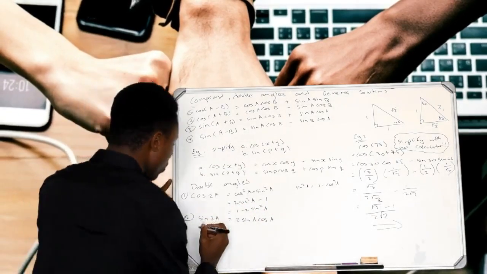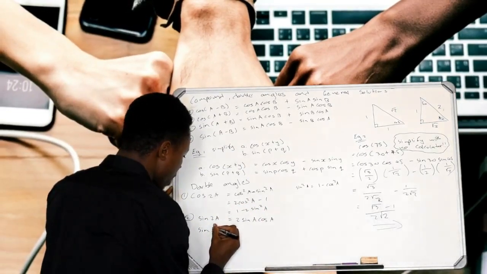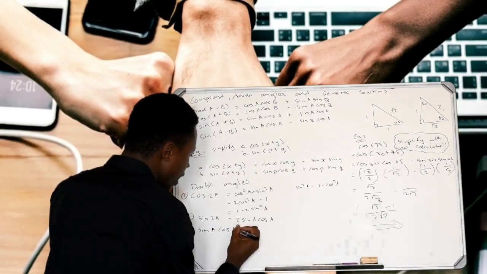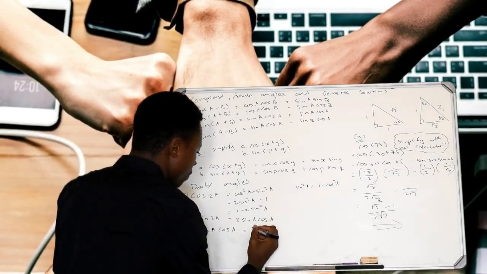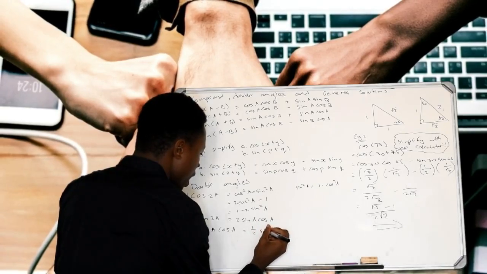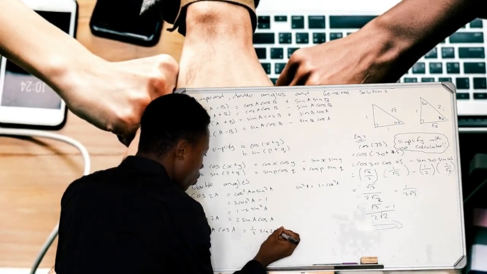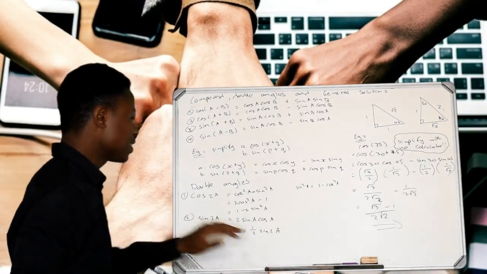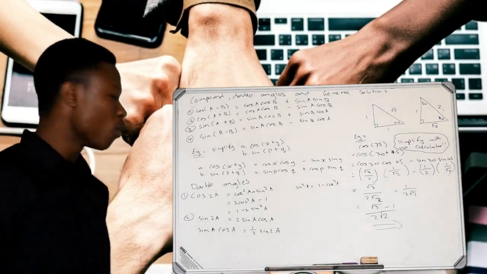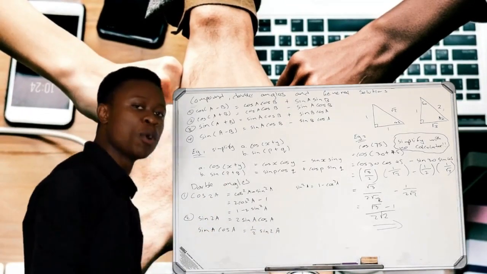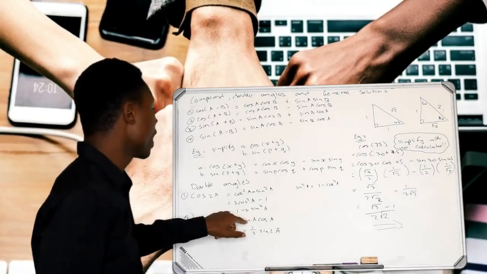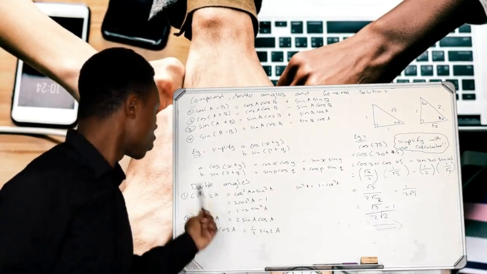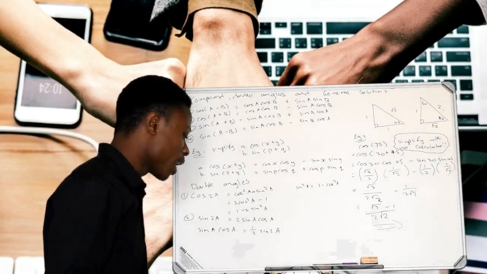You can write it as sine A cos A is equal to half sine 2A. This is still the same thing as the one above. Why? Because if I multiply both sides by 2, it will return back to the original state. So that's basically it for double angles.